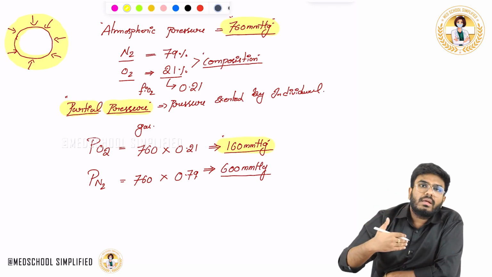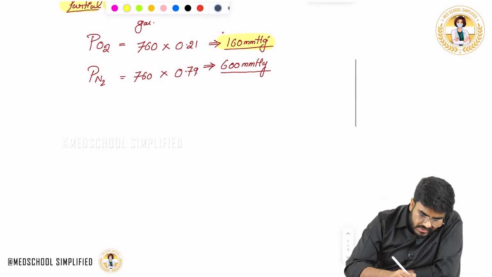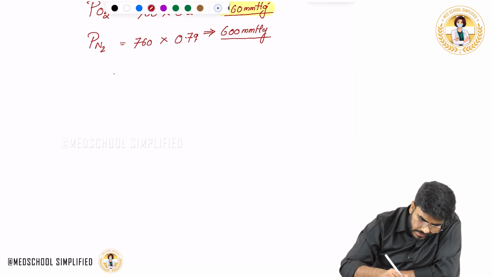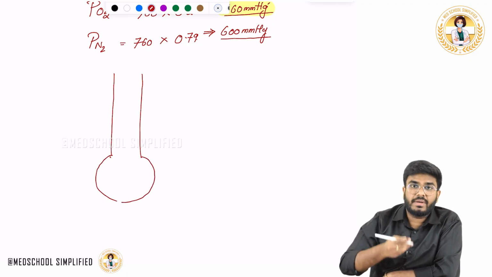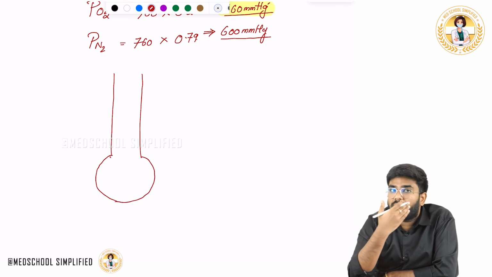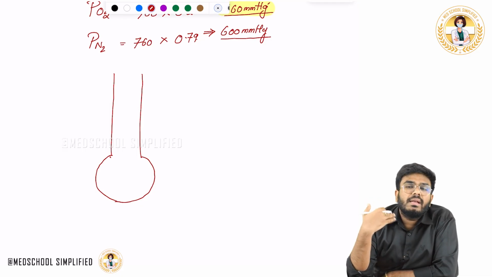Now you are inspiring this oxygen. You have taken this air into your respiratory tract. When you take this air into your respiratory tract, there will be water vapor; first the air goes into the paranasal sinuses, where it will be humidified.